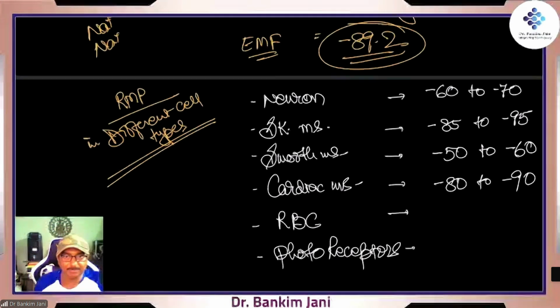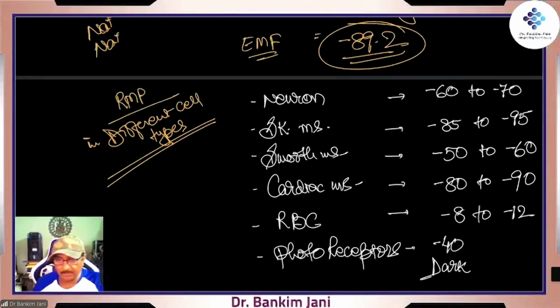When it comes to RBC, it is a very low voltage, -8 to -12. When it comes to photoreceptors, if it is pitch dark, then it is -40. But when it is bright light, the resting membrane potential drops still more, to -70.